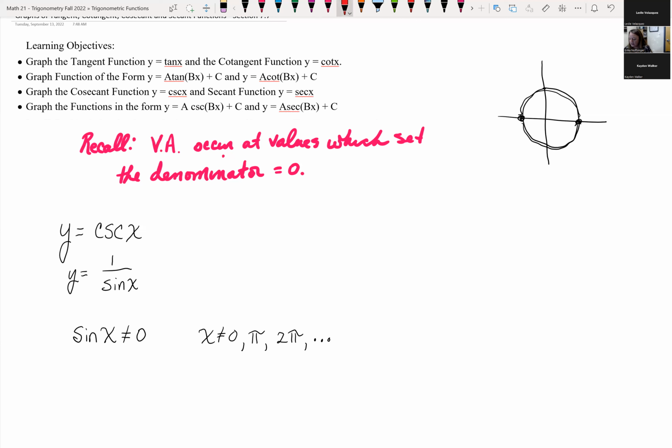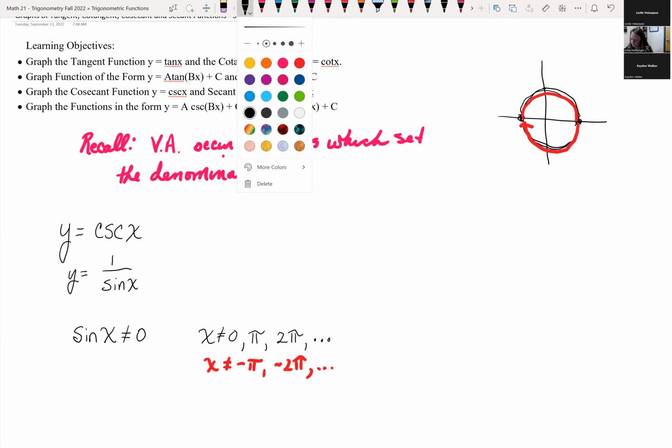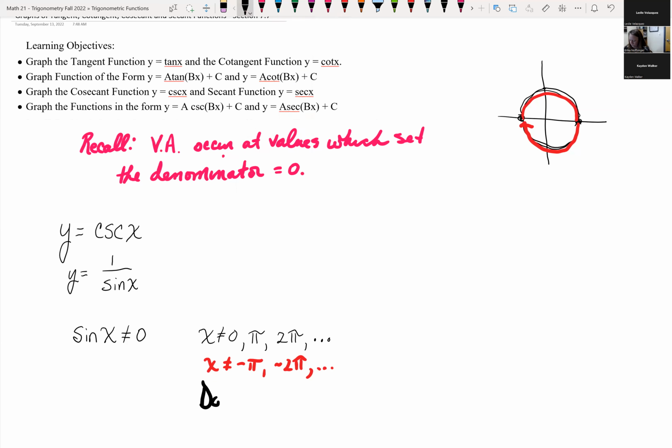So clockwise, this would be negative pi, negative 2 pi, etc. So a way that we can write this, our domain, is all real numbers except when x equals those values. So we looked at set builder notation.